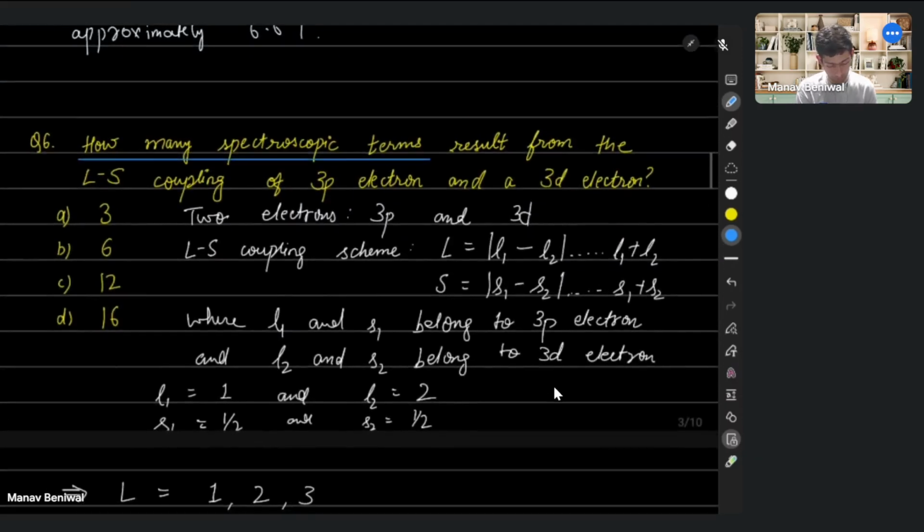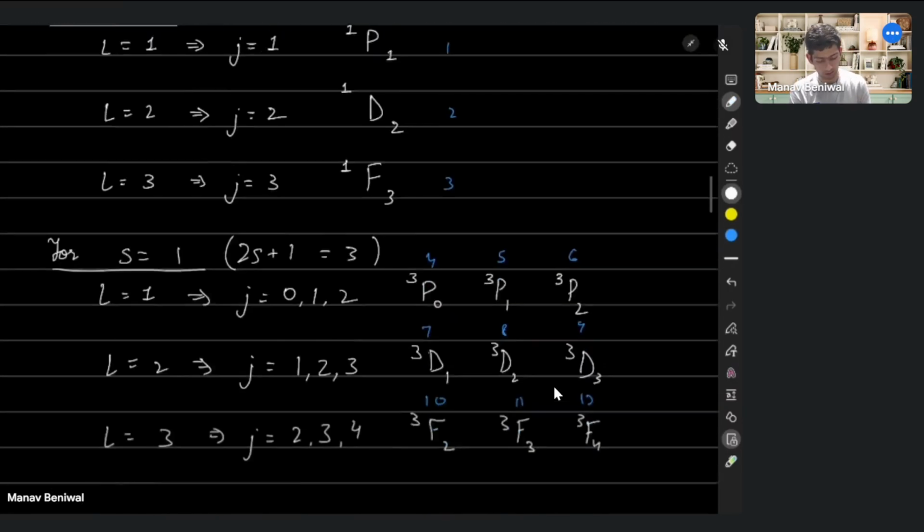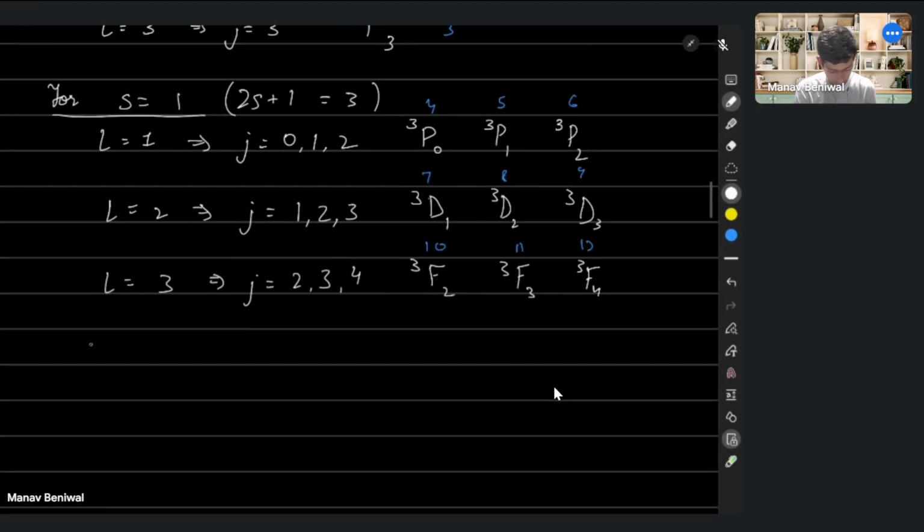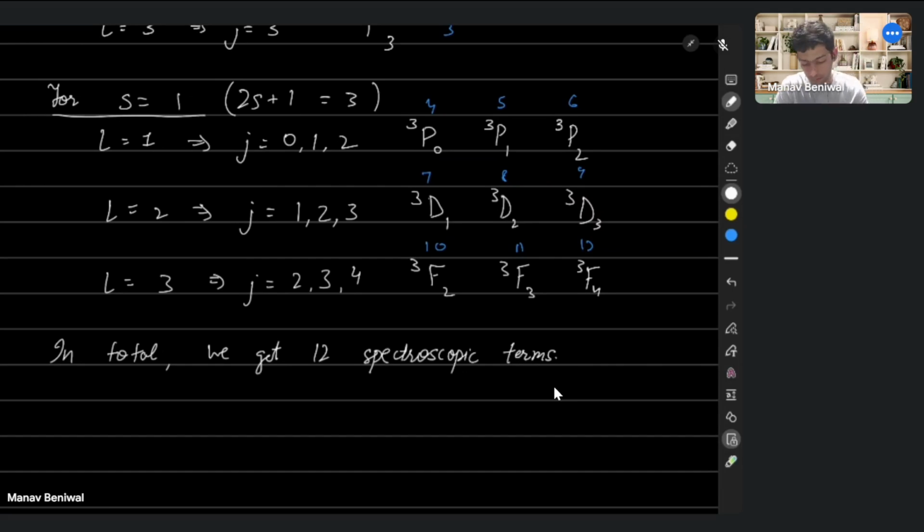So in total, we get 12 spectroscopic terms, and therefore the correct option will be C. So this was LS coupling of a 3p electron and a 3d electron, which resulted in all of this.